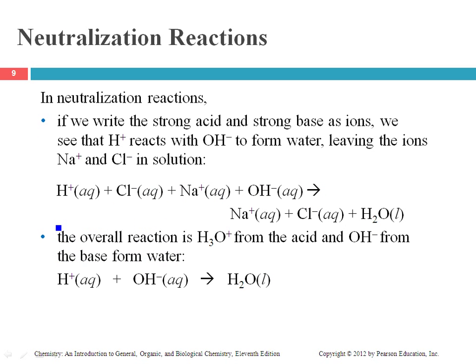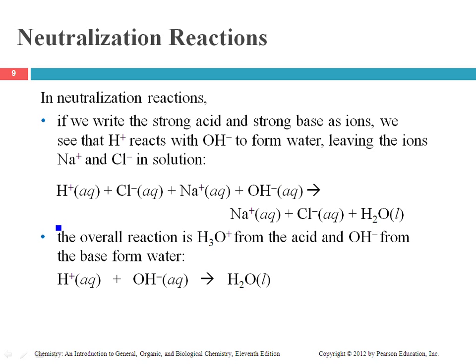Okay. In a neutralization reaction, if we write the strong acid and strong base as ions, we see that the H+, our protonated hydrogen or hydrogen ion, reacts with hydroxide to form water. And this leaves the sodium ion and the chloride ion in solution.